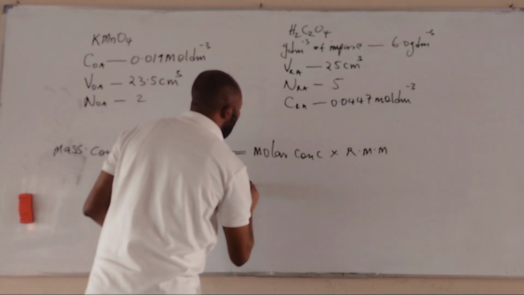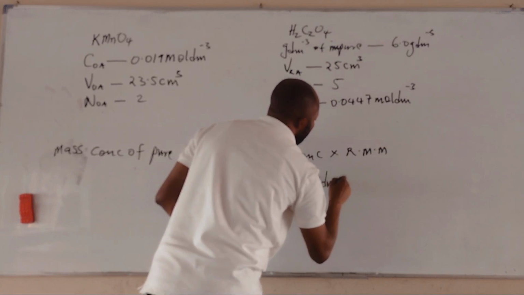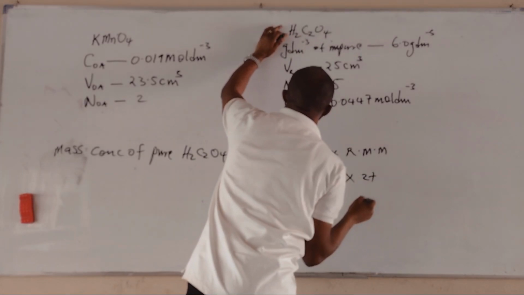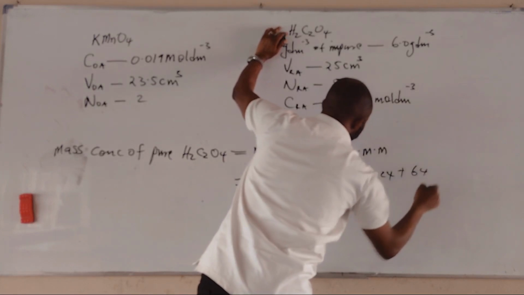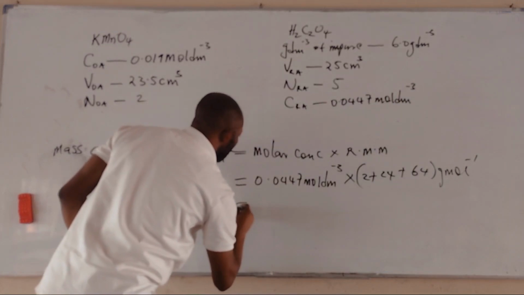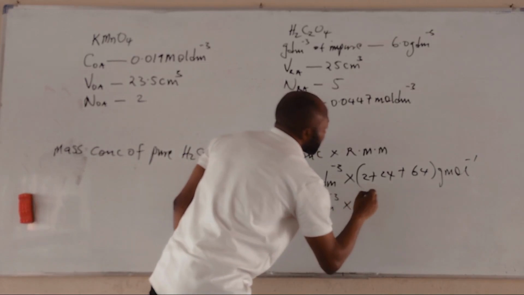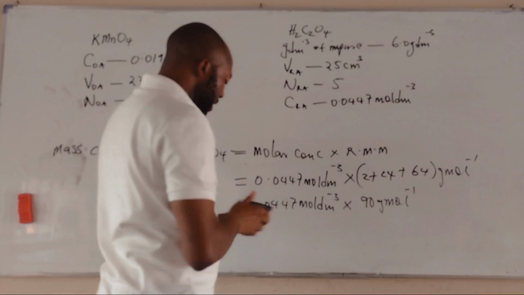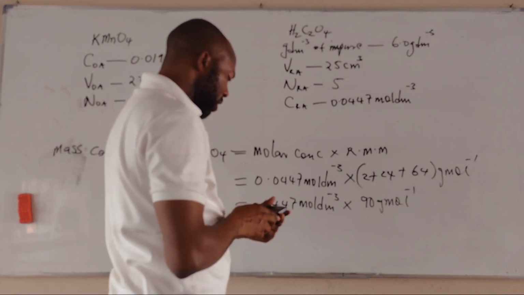So that is 0.0447 mole per dm cube times the relative molecular mass: hydrogen is 1 times 2, which is 2, plus carbon is 12 times 2, 24, plus 16 times 4, which is 64, giving 90 g per mole. So this is 0.0447 mole per dm cube times 90 g per mole. So let's see what we have: 0.04465 times 90 is 4.0185.